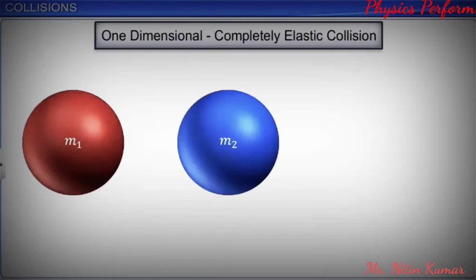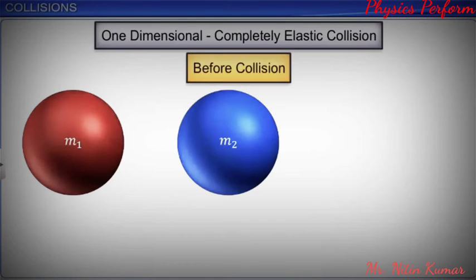Consider a head-on collision, that is, one in which the velocities of the bodies before and after the collision are along the same straight line. The mass of the first body is m1 and it is moving towards the right with velocity u1. The mass of the second body is m2 and it is also moving towards the right with velocity u2, such that the two bodies are moving along the same straight line.